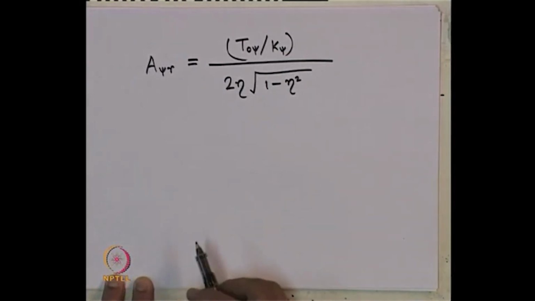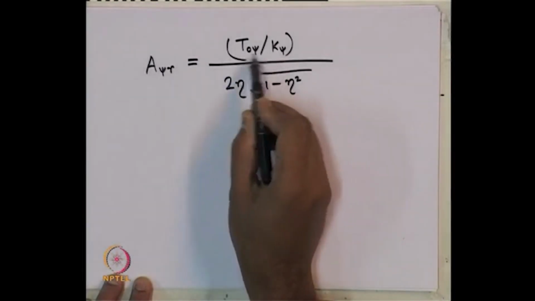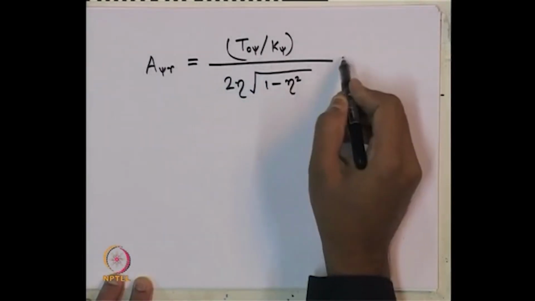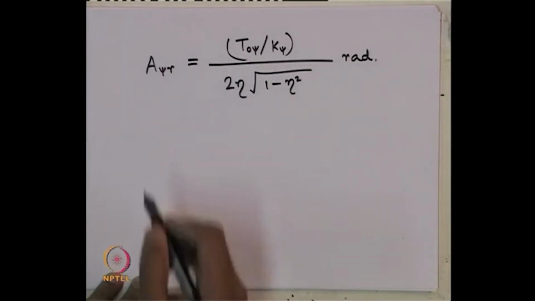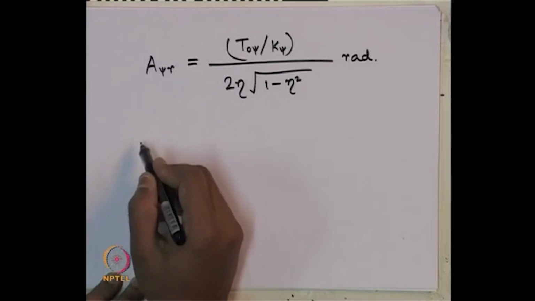That is the expression from DMF we got. Again, it will be guided by this unit, which will give us radian. Fine. So, let us compute it.